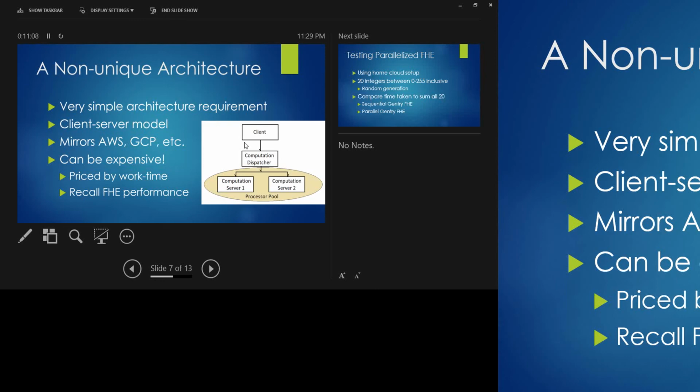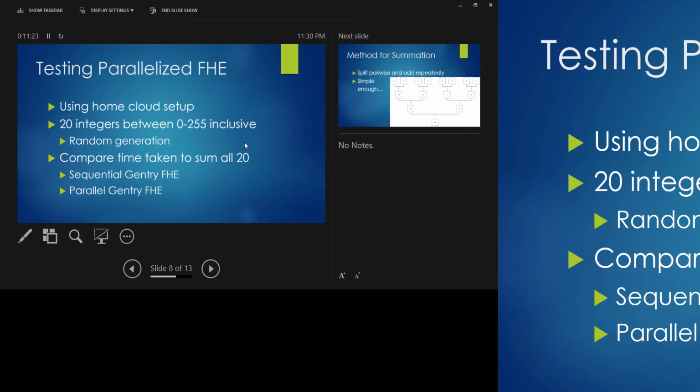They are priced not by how much work is done or how much time, but rather a product of the two. If you do a lot of work or you spend a lot of time, the price goes up. And fully homomorphic encryption, especially Gentry's algorithm, suffers from that quite a bit.